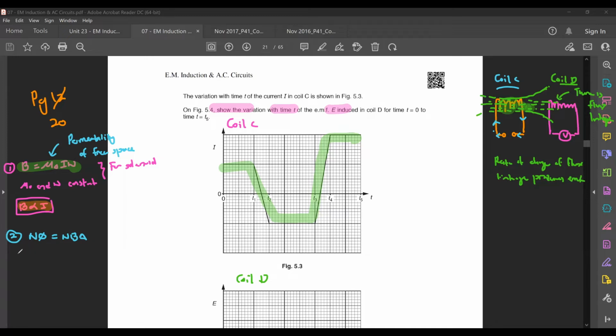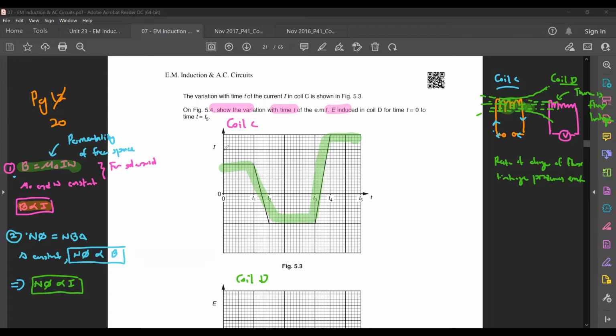So if we say that A is constant, flux linkage is actually proportional to B. If we add these two relations together, relation 1 and relation 2, we get a case where flux linkage is actually proportional to current. That's how we get to this conclusion here: our flux linkage is proportional to current.